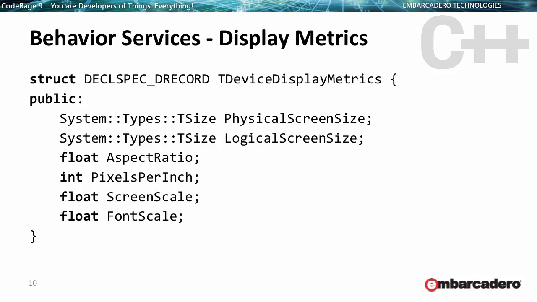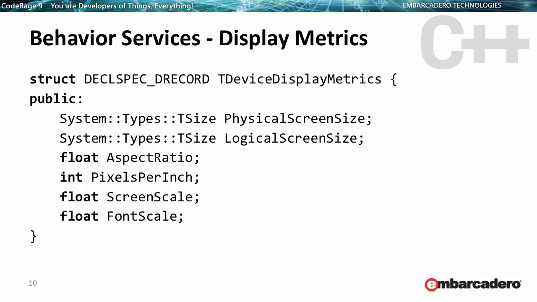Then the new iPad Retina display had 4 times that, so it's twice as wide and twice as long, 2048 instead of 1024. That was the physical screen size, 2048 wide. But the logical size was still the same, still a logical screen size of 1024. So that's the difference between logical and physical.